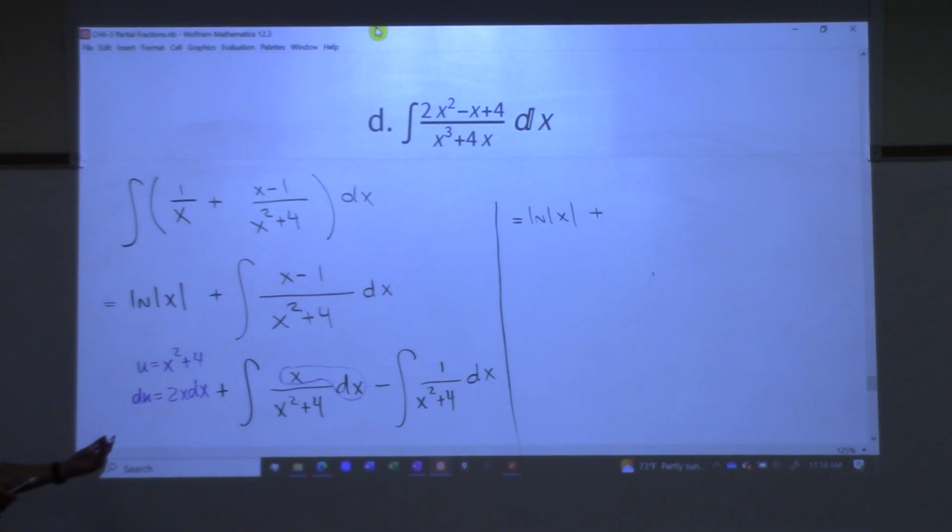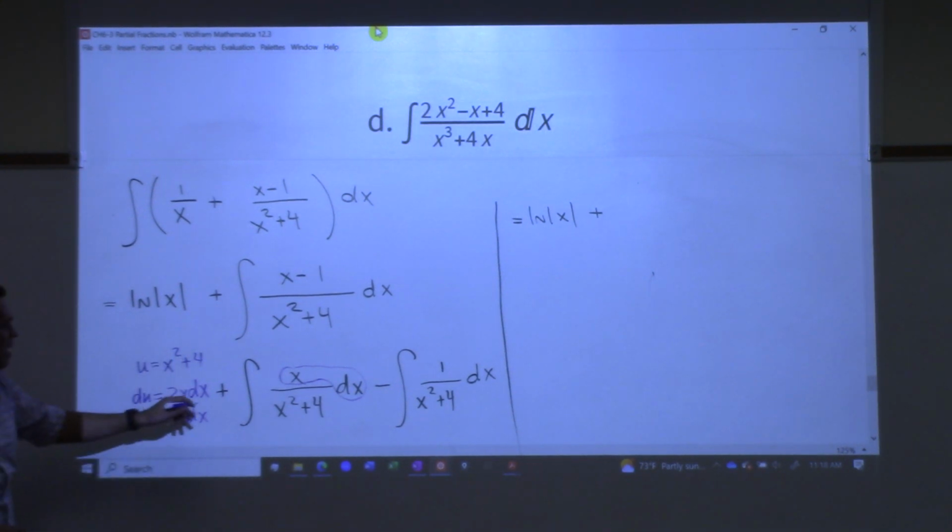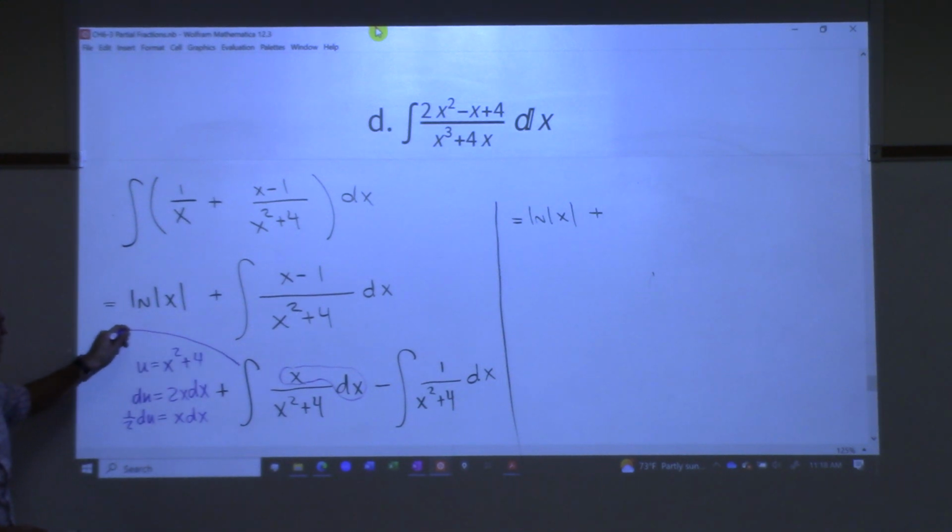So we'd have to scale by 2. And then that integral can be rewritten how? How would this integral be rewritten if you did that substitution? 1/2, I'll pull it out front. 1 over u du. So that one will become a natural log, right?